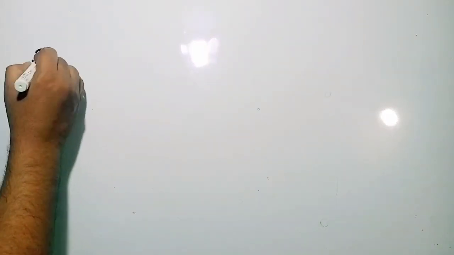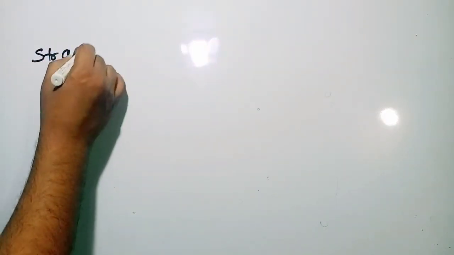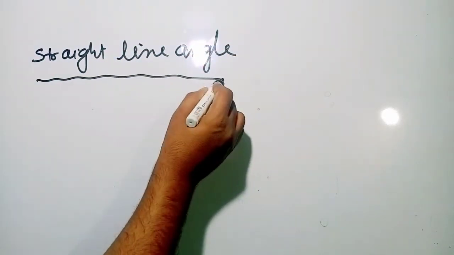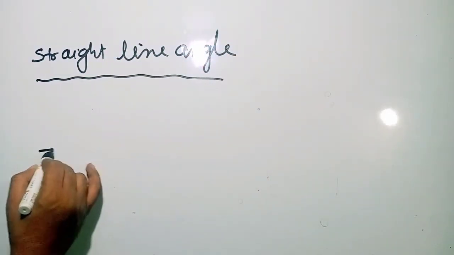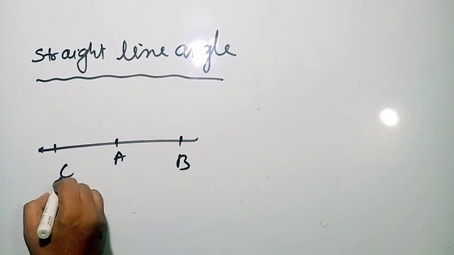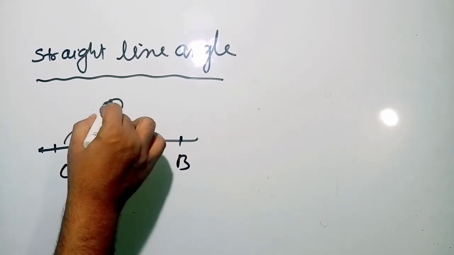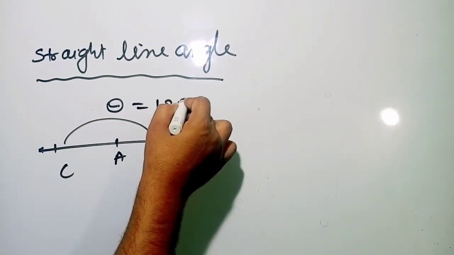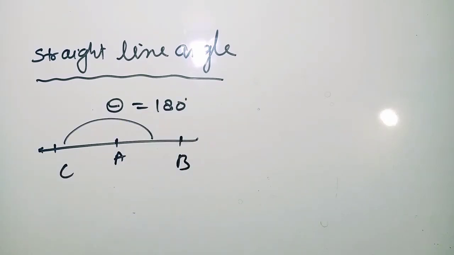Okay, next is the straight angle, an angle having measure exactly 180 degrees, right? Suppose here rays AC and AB lie on a straight line, so its angle is 180 degrees.